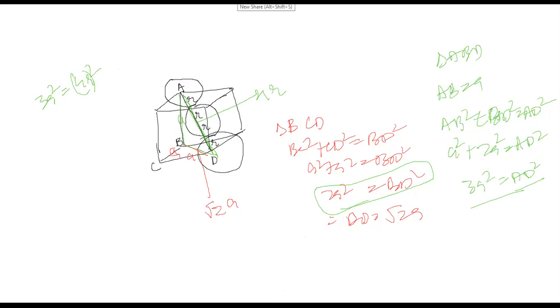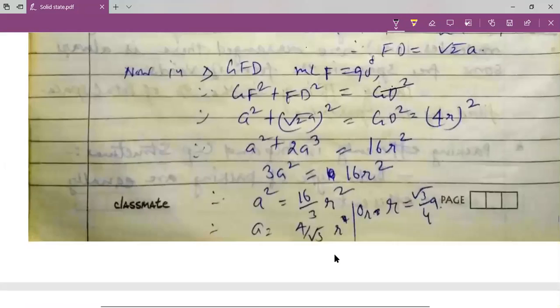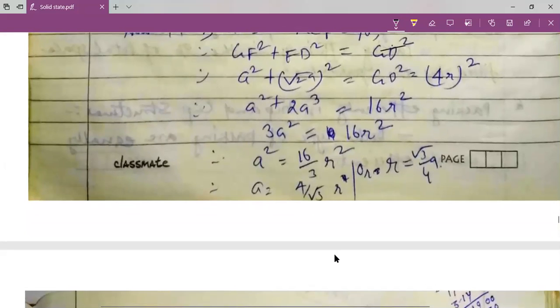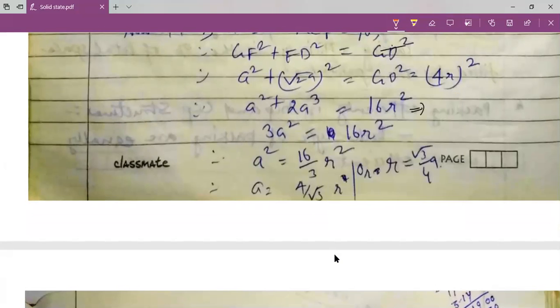You can see here that by doing all this calculation, we finally get A square plus 2A square is equal to 3A square, and this 3A square is equal to 4R whole square.